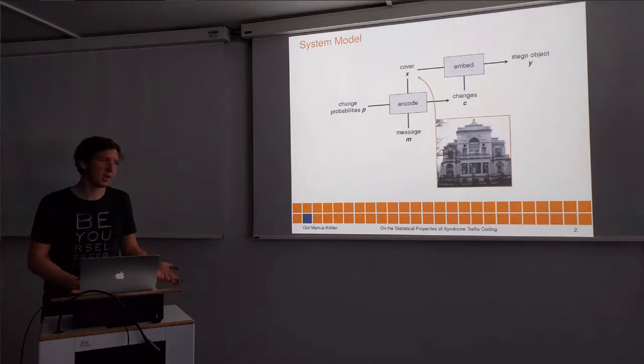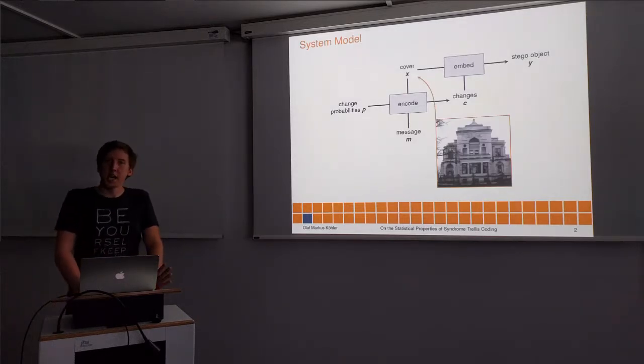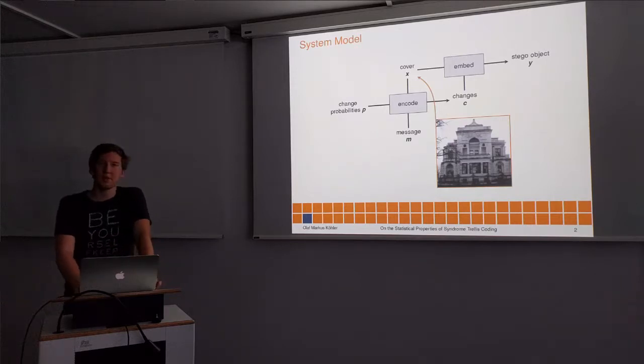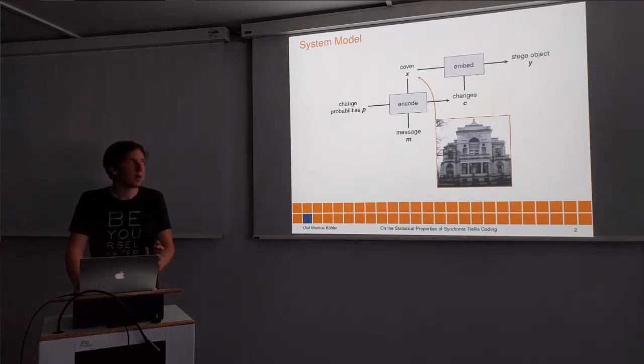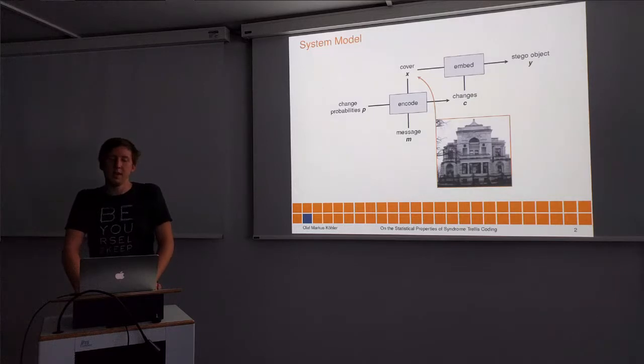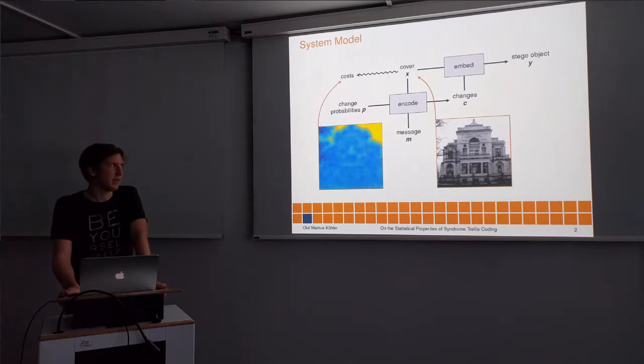Just imagine we have a cover image like that, where we have a building and the sky above. A change within the sky, where we have just a gradient of colors, or even a single color, would be rather obvious, whereas a change within the twigs in the upper left corner or within the building isn't that obvious. To put numbers to this, we typically use cost heuristics, and these cost heuristics give us exactly that.